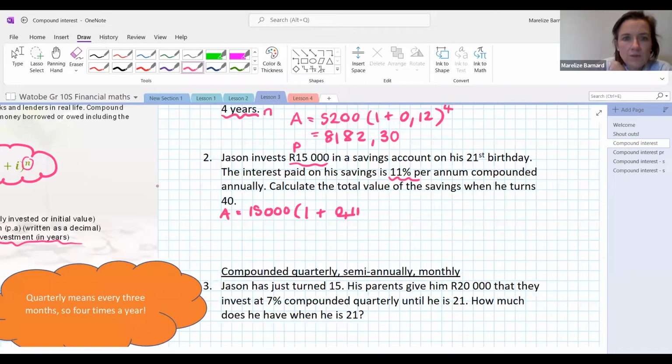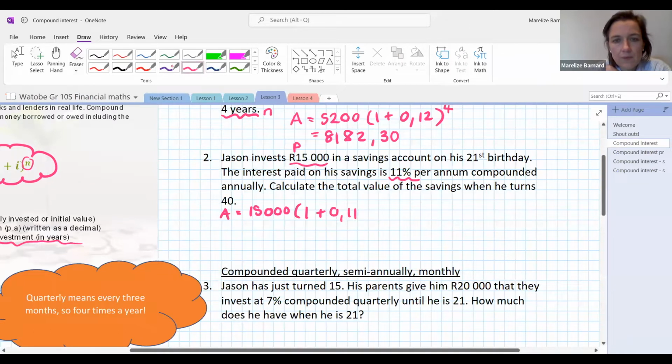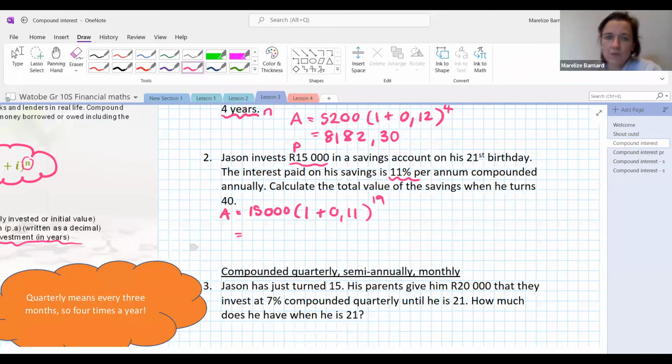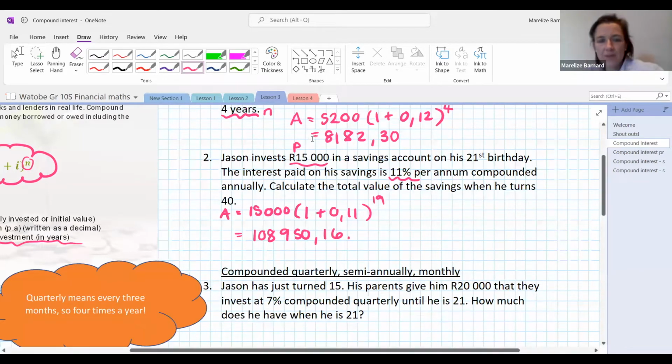And we don't need to do anything there. And it's to the power of 19 because there's 19 years from his 21st birthday till his 40th birthday. So 108,950.16. I agree with that.